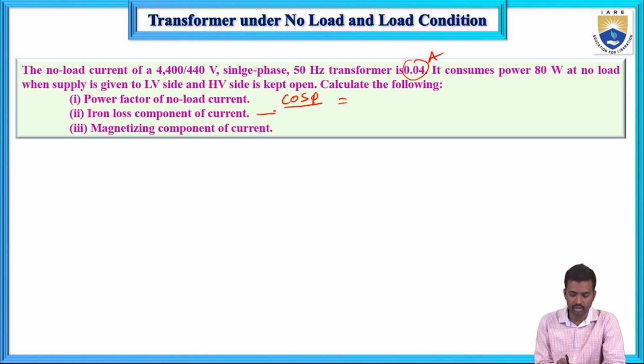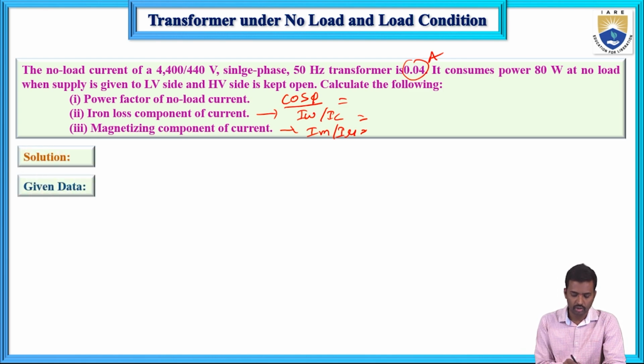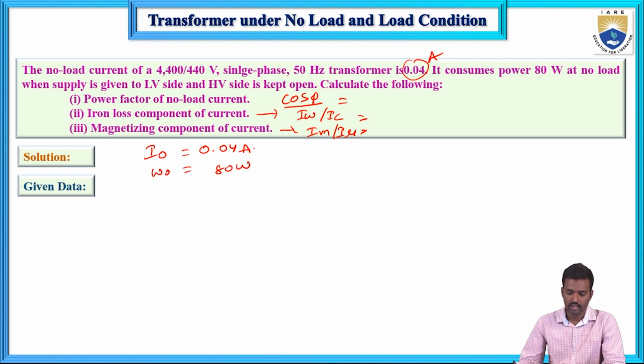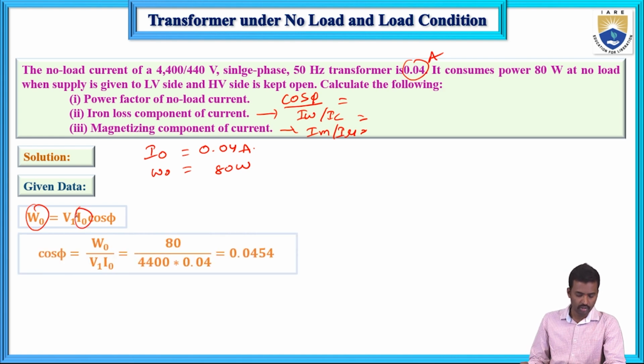First calculate the iron loss component, IW or IC, and the magnetizing component, IM or I mu. Solution: I naught is given, I naught equals 0.04 ampere, and W naught equals 80 watts, at 50 Hz.